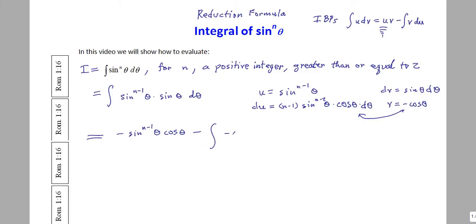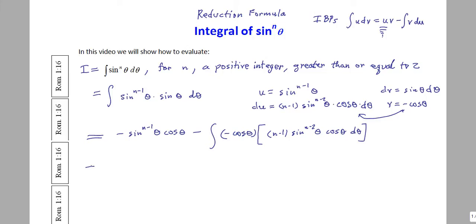It's going to be minus cos theta times all this stuff, so times n minus 1 sine to the n minus 2 power theta cos theta d theta.